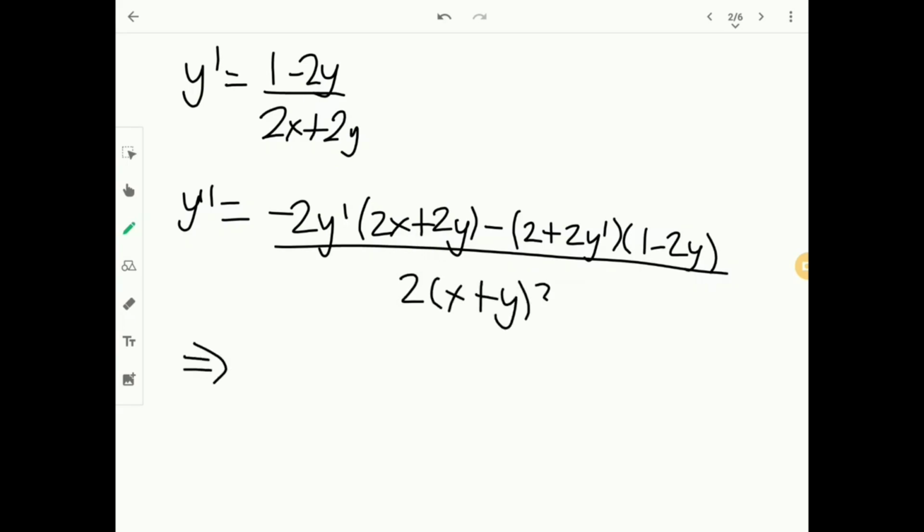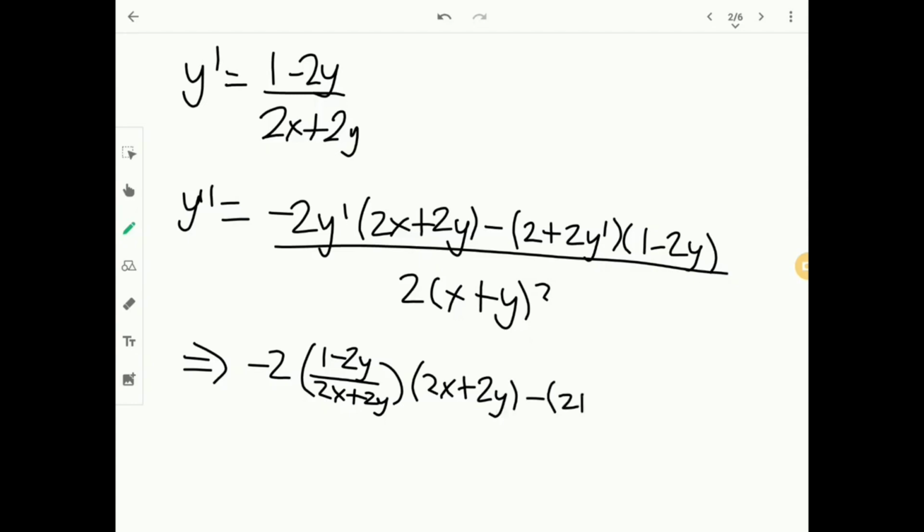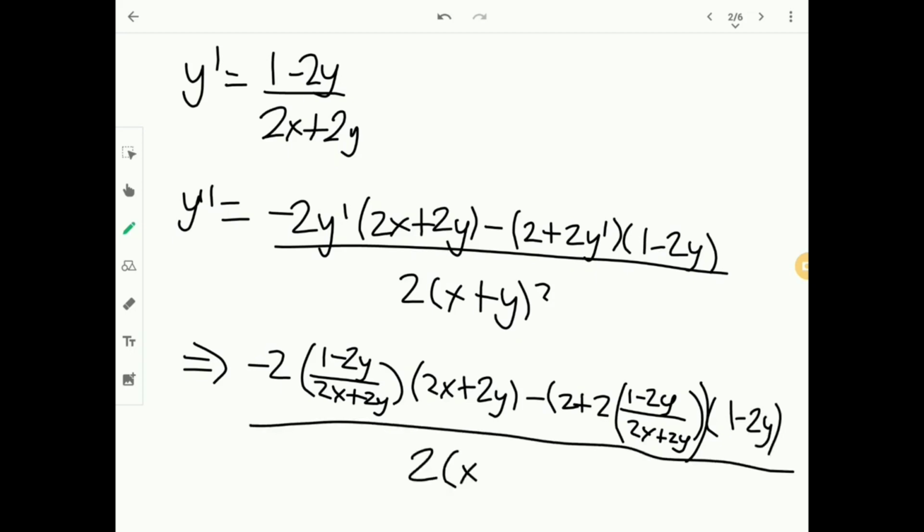Now since we have y prime, we have to substitute 1 minus 2y over 2x plus 2y into 2x plus 2y, 2 plus you just substitute 1 minus 2y over 2x plus 2y, parenthesis 1 minus 2y over 2x plus y squared.